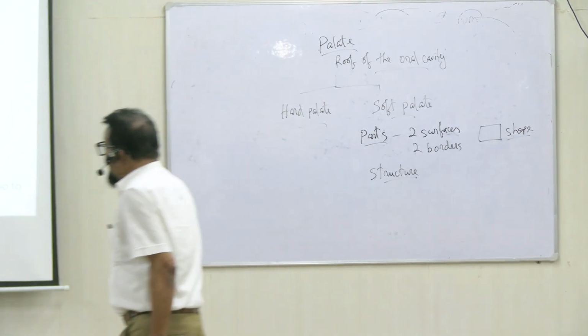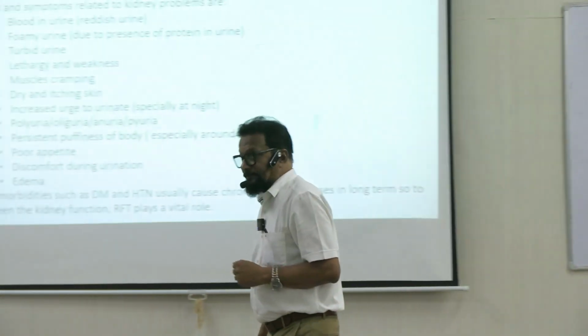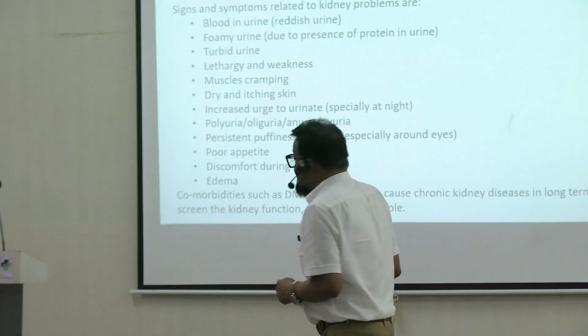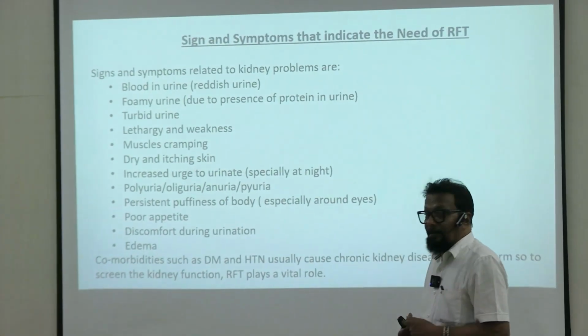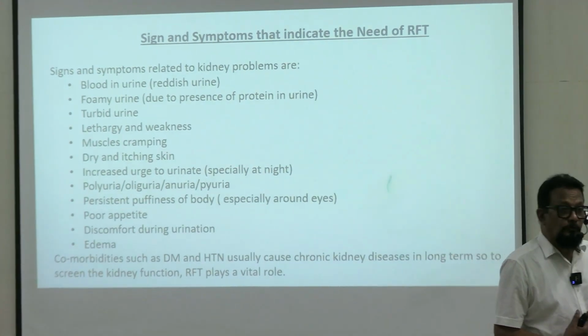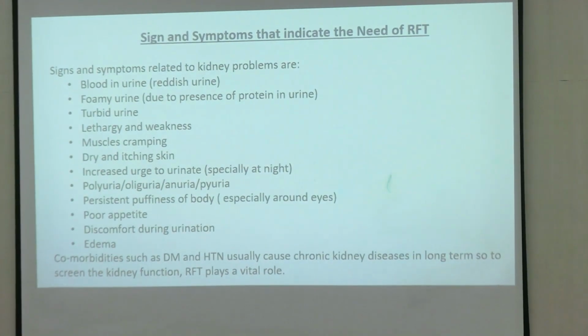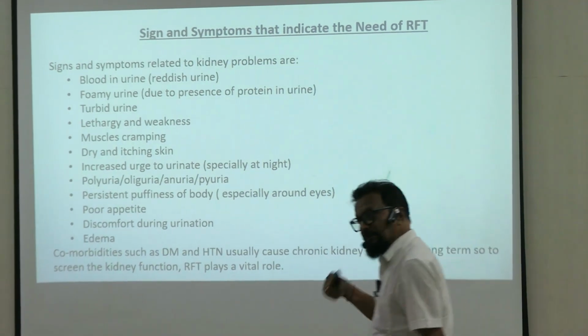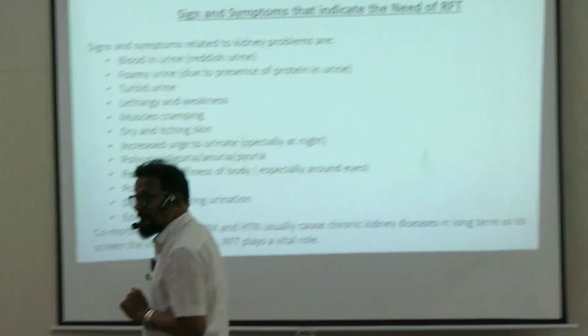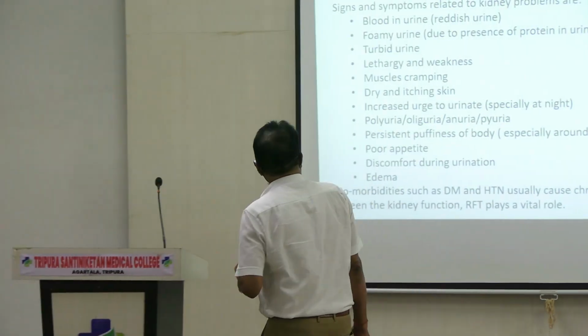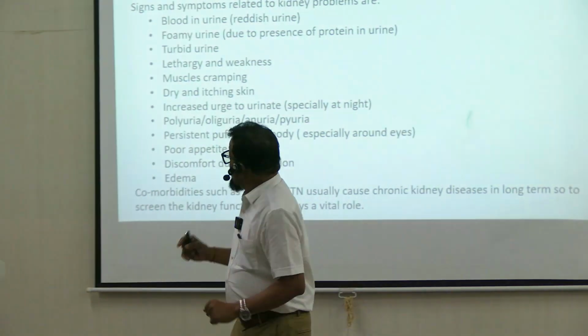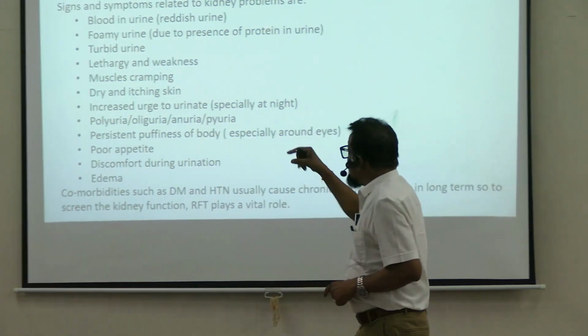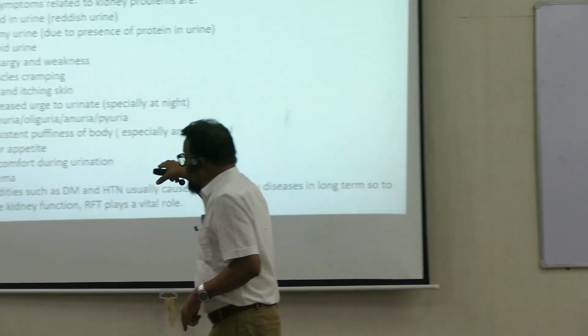Increased urge to urinate, especially at night. Usually we don't go to the toilet at night. But when the patient says, I have to go twice, thrice, you may suspect there may be some renal disease. And there may be polyuria, oliguria, anuria, pyuria.